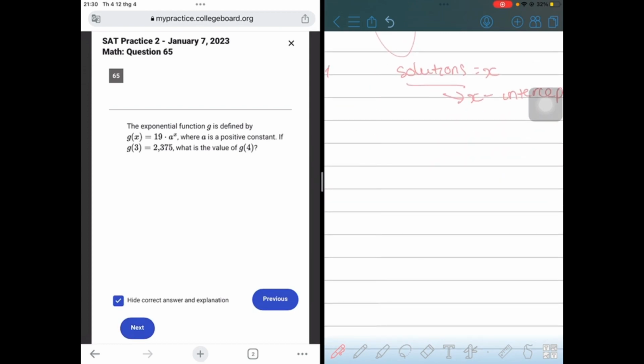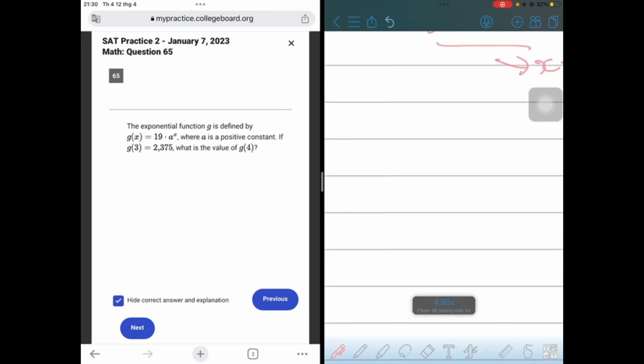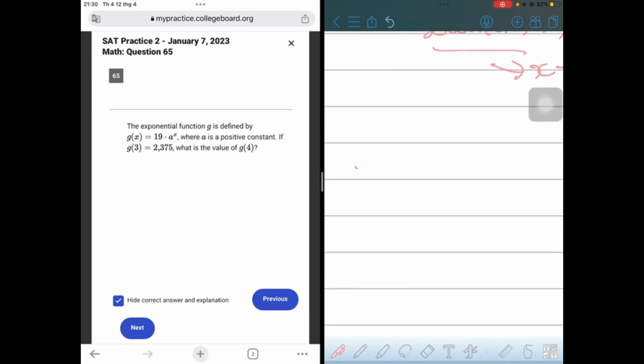The function g(x) equals 19 times a to the power of x. If so, we just replace x equal 3, and we have g(3) equal 2375, so a cubed times 19 equals 2375.